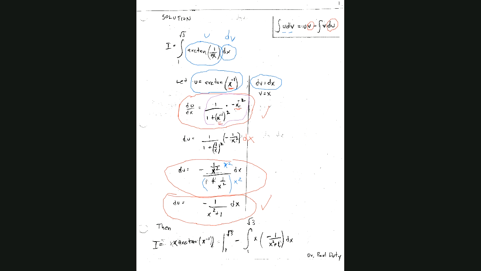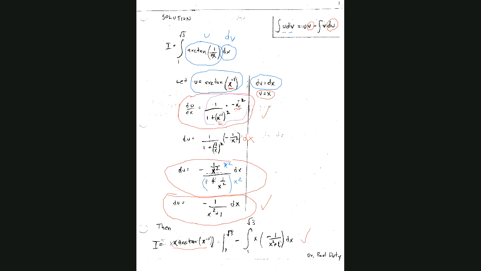And so now when you apply the integration by parts, your integral I, remember we always call the integral I, and you saw that has advantages to do that. If I apply integration by parts, my integral I is going to equal x times the arctangent of x to the -1st, evaluated at 1 and √3. Okay, because those were our limits. Minus the integral from 1 to √3 of x times -1 over x squared plus 1 dx.